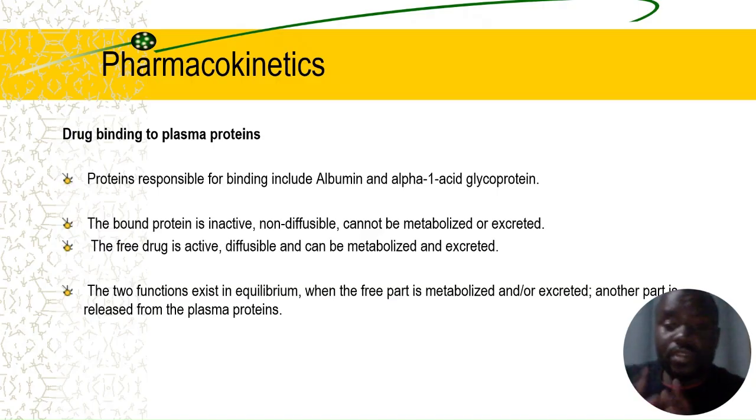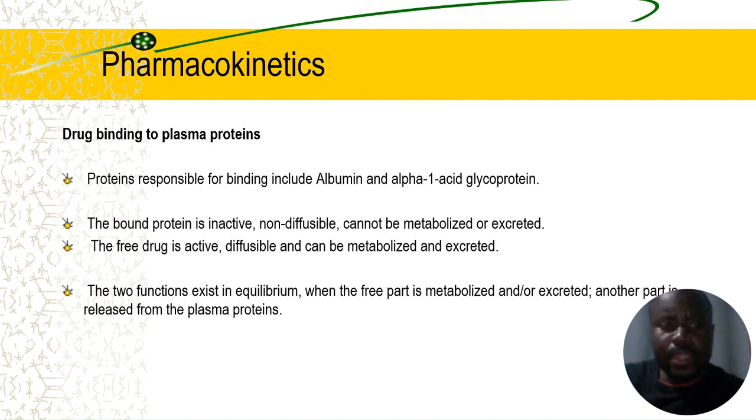In this case, we are talking about albumin and alpha-1 acid glycoprotein. The alpha-1 acid glycoprotein binds basic drugs, and albumin binds acidic drugs like aspirin.